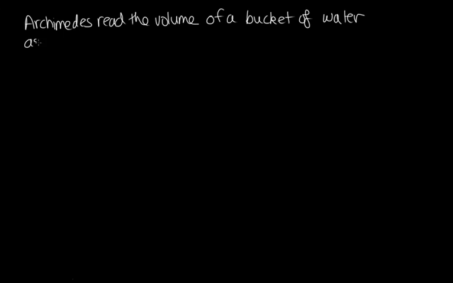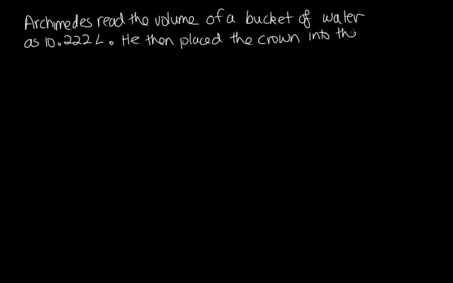Okay, so let's have a look now at a calculation that we can do using this density equation. So the question is, Archimedes read the volume of a bucket of water to be 10.222 litres.